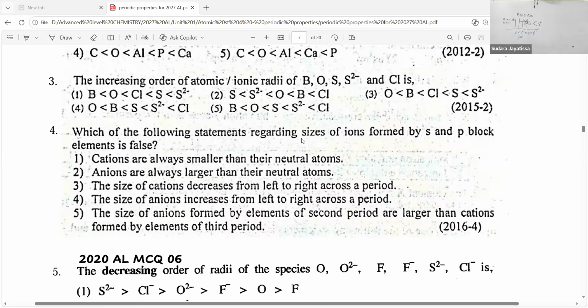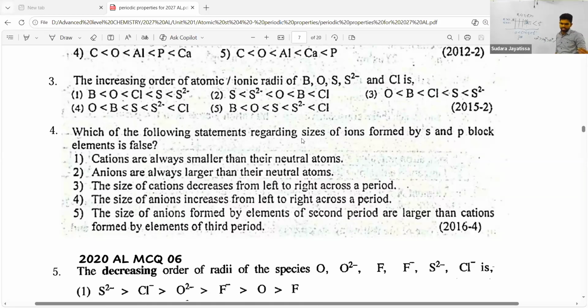That means sodium, magnesium, aluminum. Left to right means across the period. Is that correct? Yes. So write that one. Sodium plus is larger, then magnesium 2 plus, then aluminum 3 plus. So get some examples and think. Don't try to get the answer without examples.